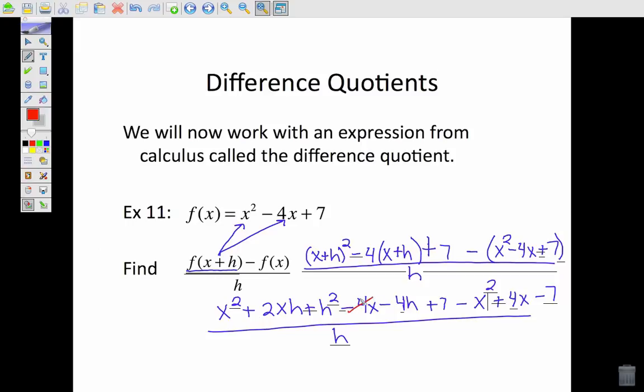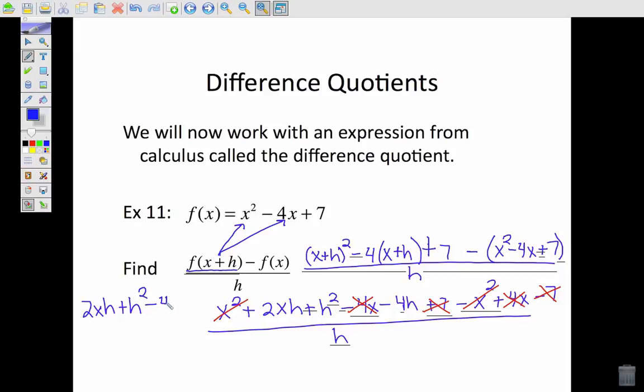Now we can start canceling some parts out. I've got minus 4x here, plus 4x. They are opposites. I've got plus 7 and minus 7. I also have negative x squared and a positive x squared. And it looks like that's all I have for like terms.